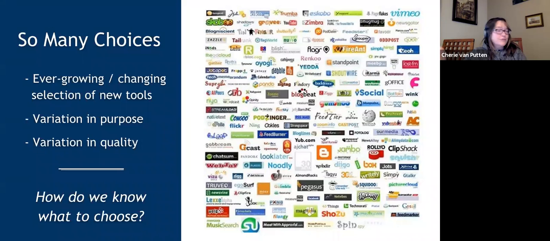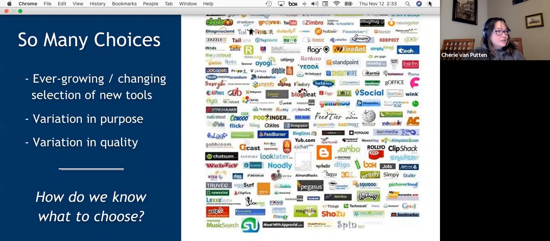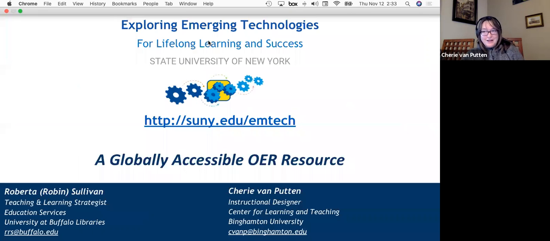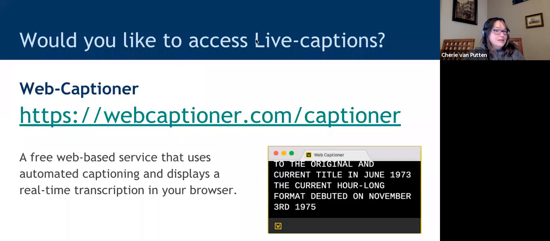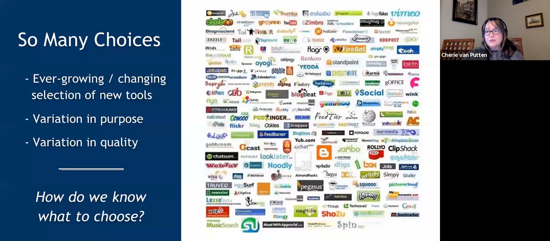Or maybe it was a free model and you wanted a free model because you wanted to make sure it was something that other people could use and they didn't need to worry about a cost. And maybe now it has a cost associated with it. So we constantly are on the lookout for new tools, and technology changes too. So we're constantly finding new things, and then we need to sort of weigh them and decide which ones are going to be good to use.